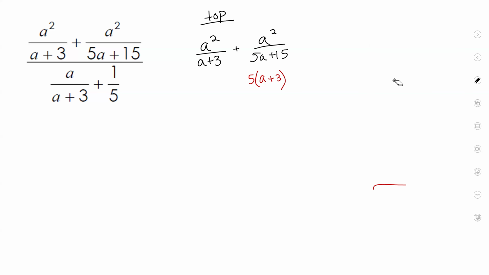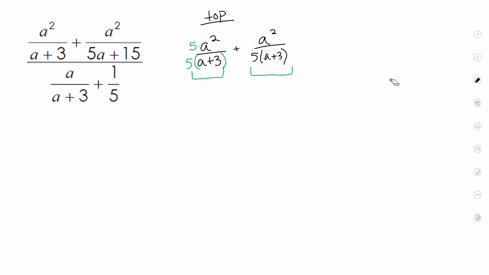I can rewrite this as 5 times a plus 3. Now that I factored it, I can easily look at it and tell what I'm missing. What is this denominator missing that this one has? A 5. So I'm going to multiply it by 5 and multiply the numerator by 5.